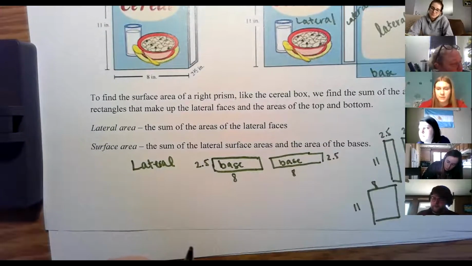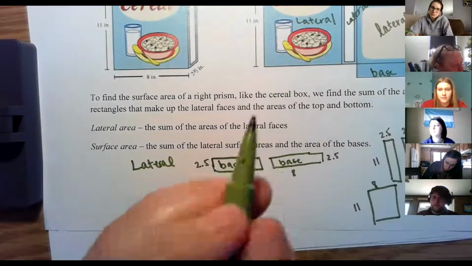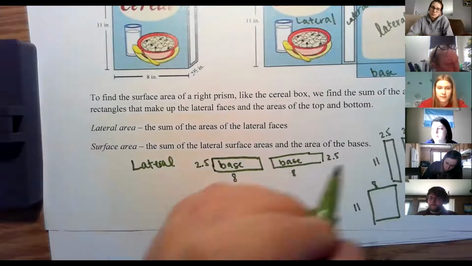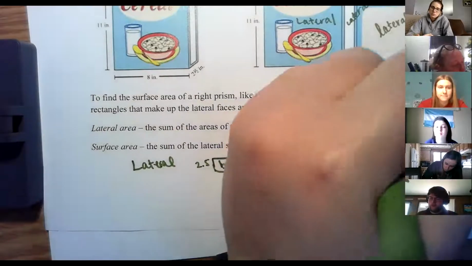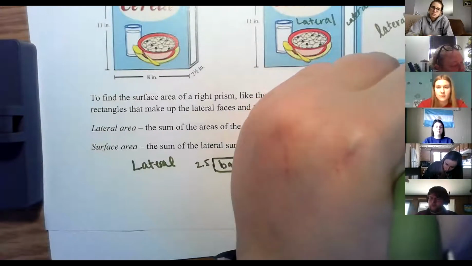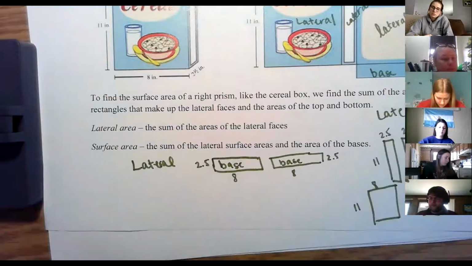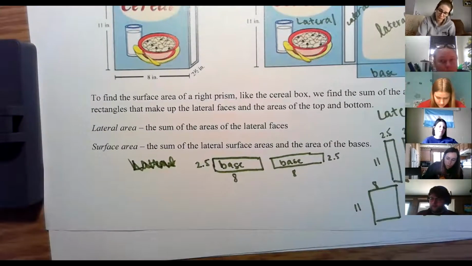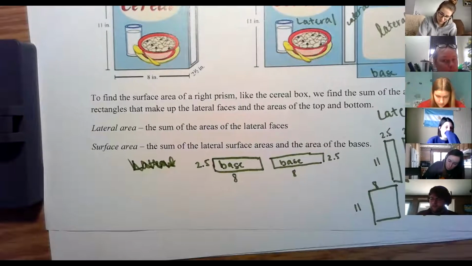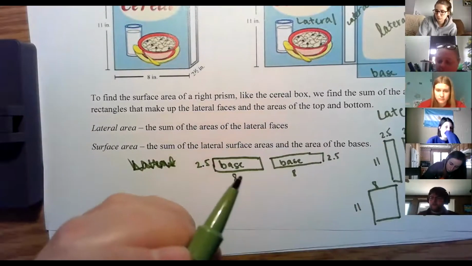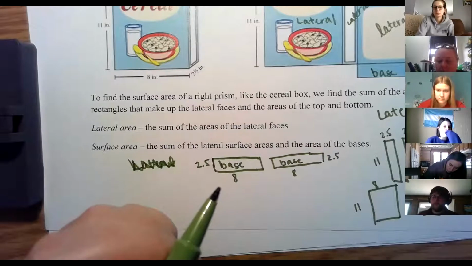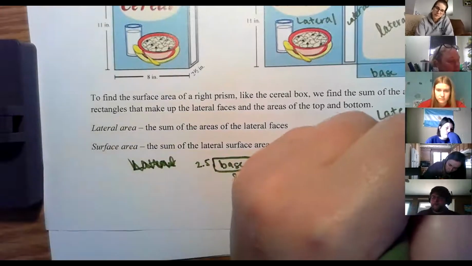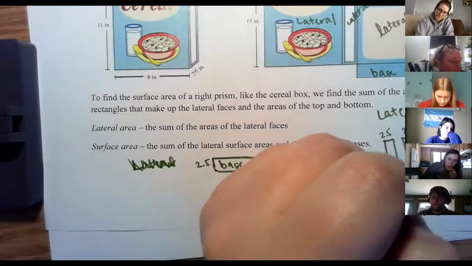That's what I did, is broke it down and then found the area of each part and then added it together. Right. So this piece here is the laterals, right? So 11 times 2.5, 27.5, like Michaela said.